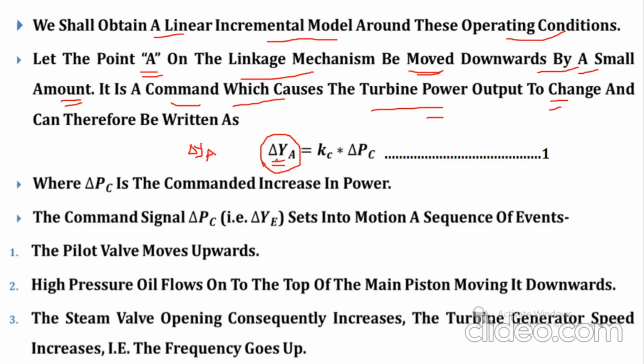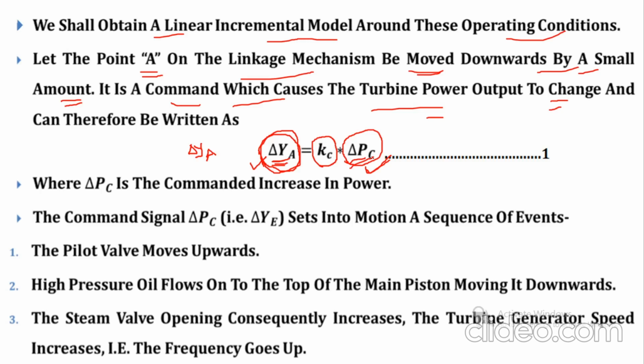So if we change the setting of delta Y, then a command signal will be induced, and that can be written as delta PC. So the amount of valve movement is proportional to the amount of command power. Clear? So we can say that this delta YA is proportional to delta PC. So Kc is the proportionality constant between valve setting and incremental power.